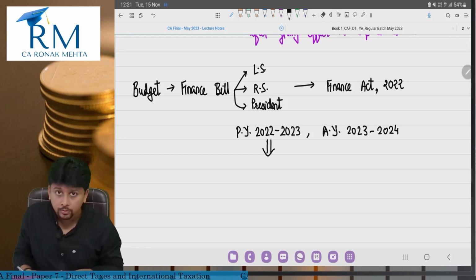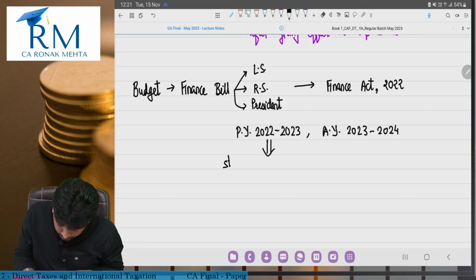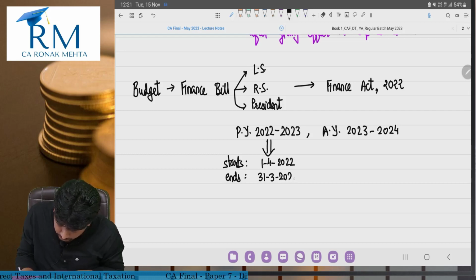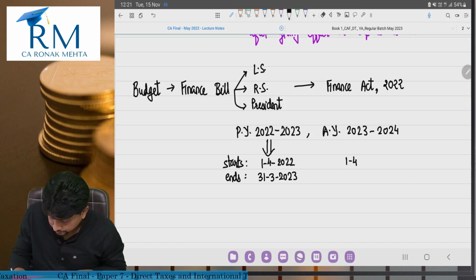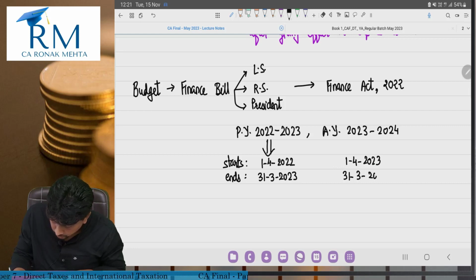Previous year 22-23 starts from 1st April 2022, ends on 31st March 23. Assessment year starts on 1st April 23, ends on 31st March 24.